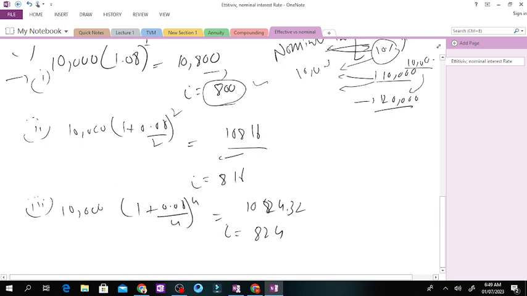If you are getting interest more than one time, like in a semi-annual system, two times in a year, then it becomes 816. If you are getting it three times in a year, then it will become 824. If you go on to, for example, a monthly system, then you have to divide and multiply by 12. And if you want to receive interest on a daily basis, then you have to divide and multiply by 365.